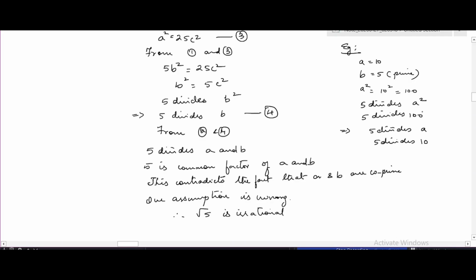If you have a sum like this, you have to prove whatever number they give. They can give any number, suppose 5, 7, 3, root 5, anything they give, you just have to do the same thing and then write the conclusion with that sum.